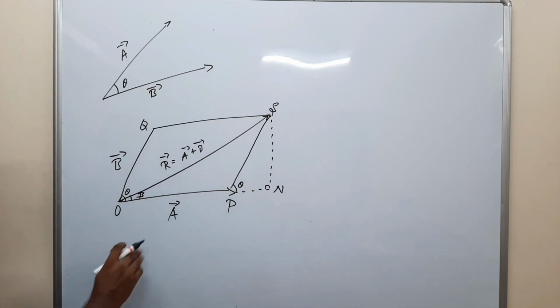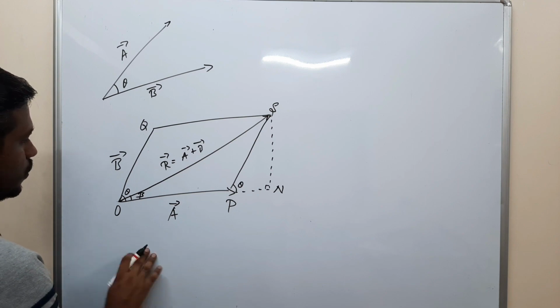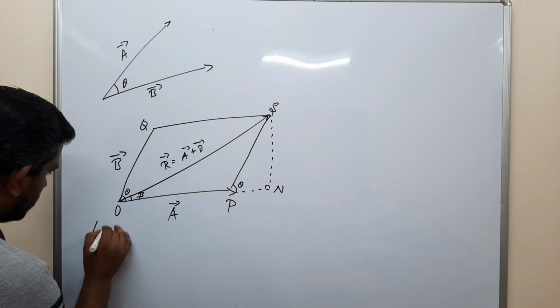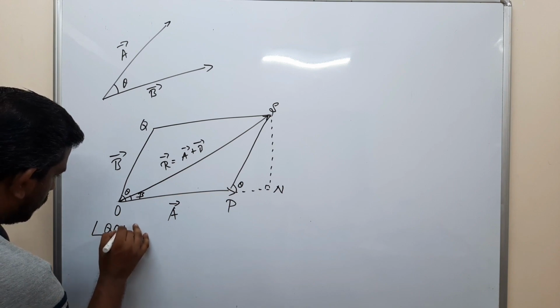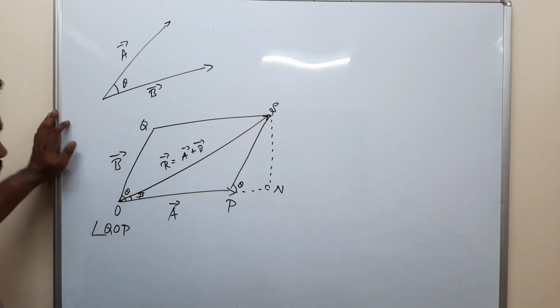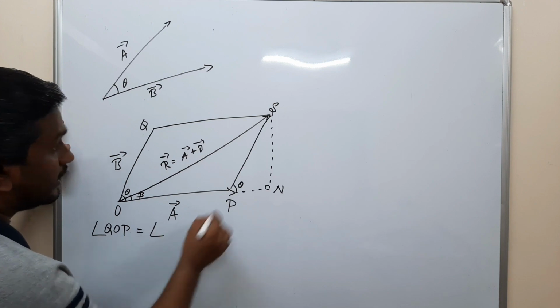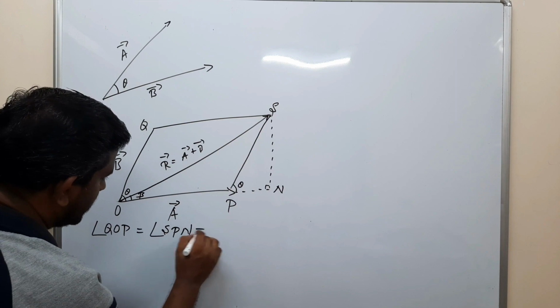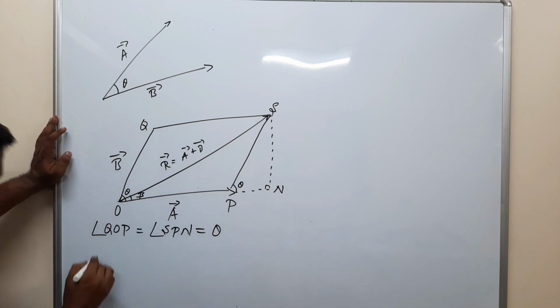So from the diagram we can write that angle QOP is equal to angle SPN is equal to theta.